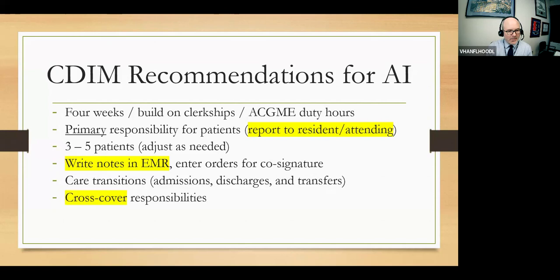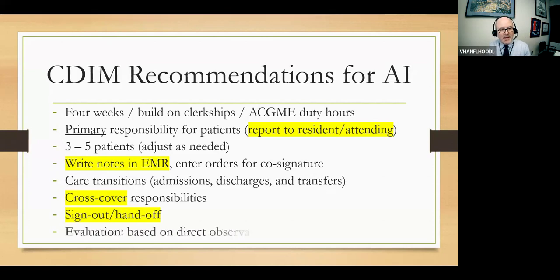The cross-cover responsibility is very important. We're going to talk more about that. And then doing a sign-out, which is something that a lot of programs don't do. And they mentioned the evaluation, that rather than have it be on a shelf exam, there are programs out there. When Sandy and I looked at the book chapter a while back, there are some programs that do have maybe a 20% knowledge check or a small amount from submitting write-ups.